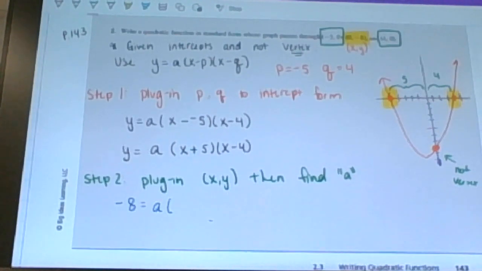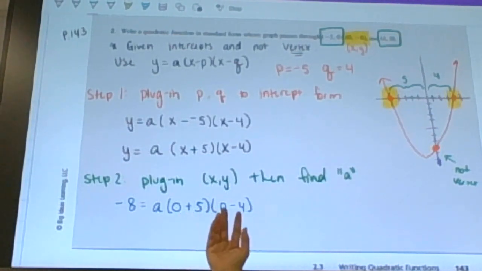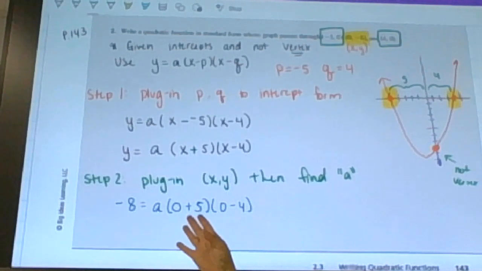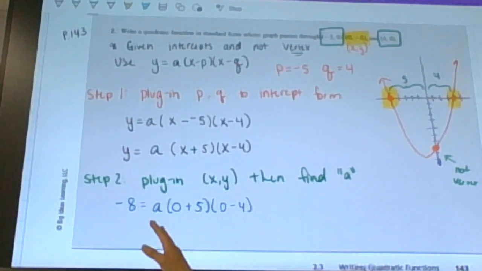So I get -8 equals a times 0 plus 5, 0 minus 4. Now that I have this 0 in here, I don't have to FOIL, I can just do the math. Add, subtract, multiply, divide, and find a. See what you come up with.